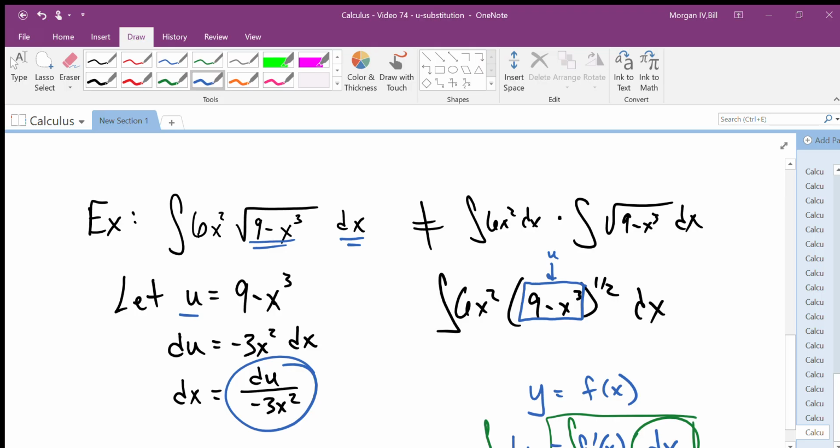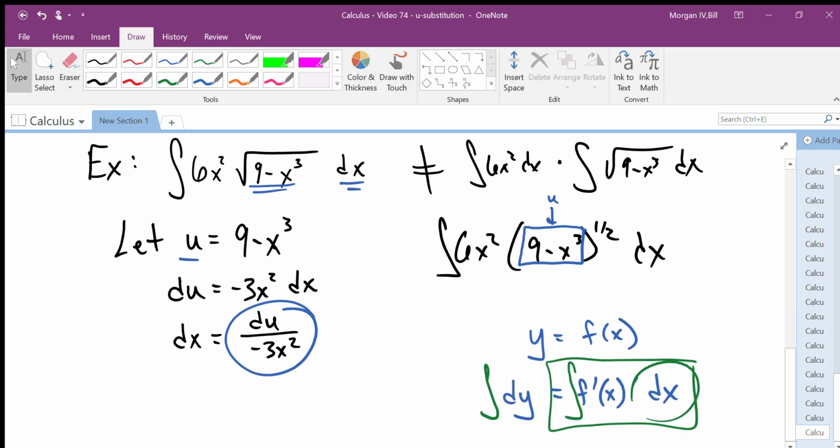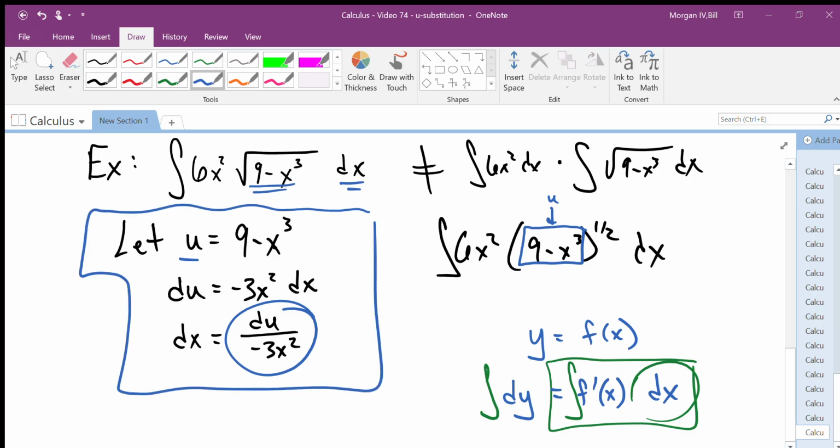Okay, it looks something like this. Let u equal 9 minus x cubed, du is negative 3x squared dx. dx is equal to du over negative 3x squared. You should be writing this part every time. You do want to write down all three of those things.